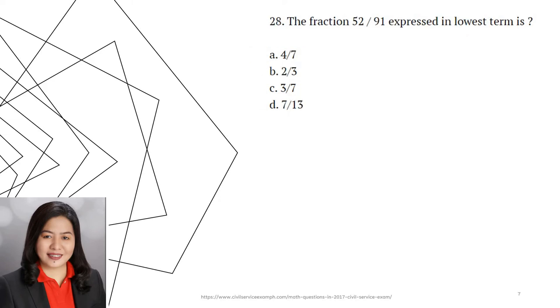So the fraction 52 over 91 expressed in lowest terms is, okay, so this time we will have to do our simplifying. 52 over 91. One way to do this is you can divide 52 by 91, or 91 divided by 52, either way. Another way of doing it is actually listing the prime factors here.